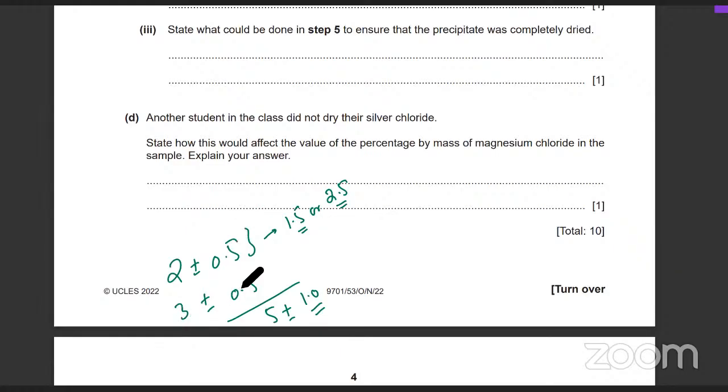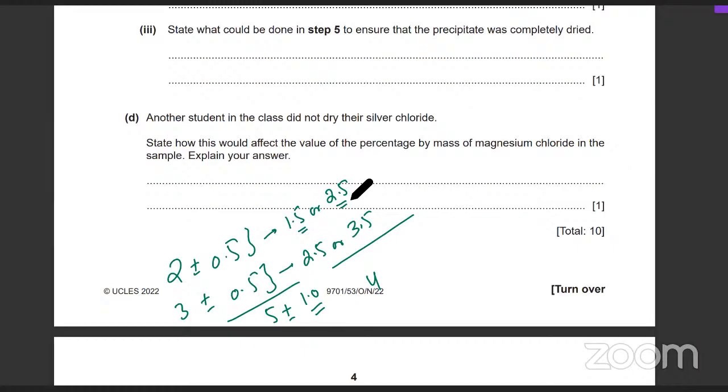And if it's 3 plus minus 0.5, that means the value could be anywhere between 2.5 to 3.5, right? Yes. So when I add them up, what is the minimum value I'm going to get? The minimum value I can get is 1.5 plus 2.5. That's 4, right?